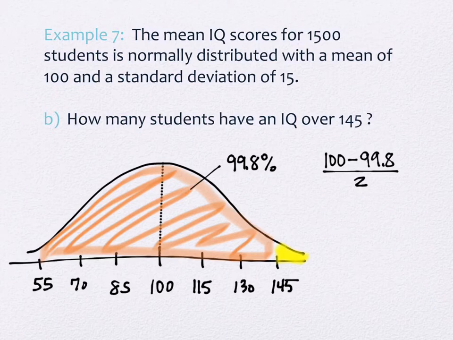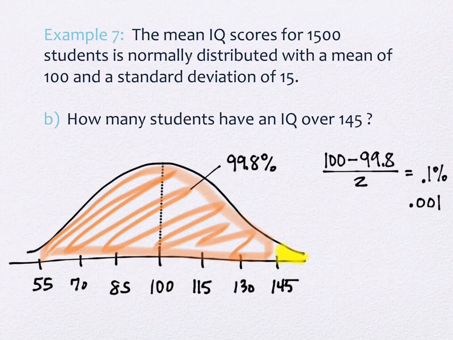So what is 100 minus 99.8 divided by 2? 0.1, and that is a percent. 0.1% is not the same as 1%, just like $0.5 is not the same as 0.5 cents, right? We talked about that on a previous test that you had. So 0.1% as a decimal is 0.001.